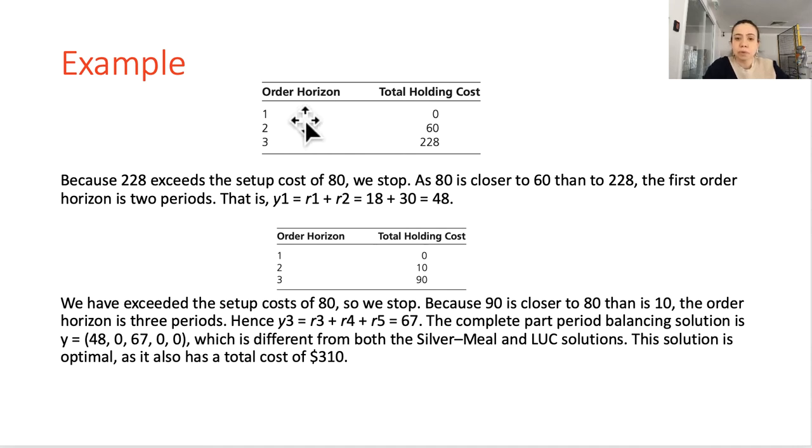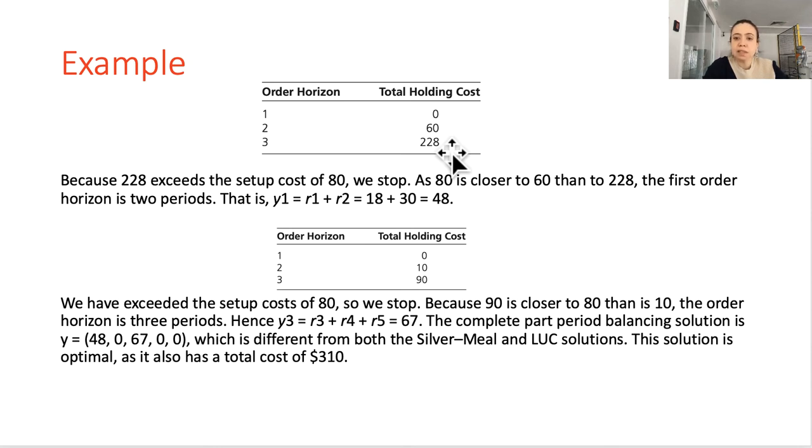Here, for the horizons, we calculate total holding cost. For the first horizon, since we don't have any holding cost, it is 0. If we make a production plan for 2 horizons, we have a holding cost of 60. And if we make a production plan for 3 periods, we have a holding cost of 228.